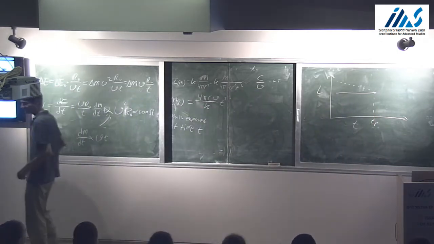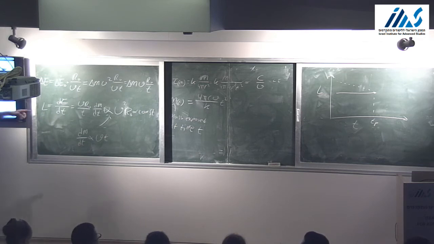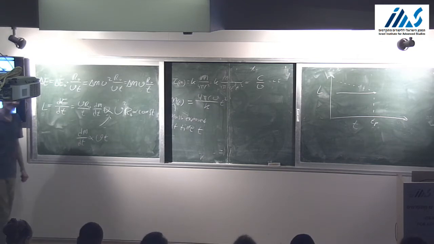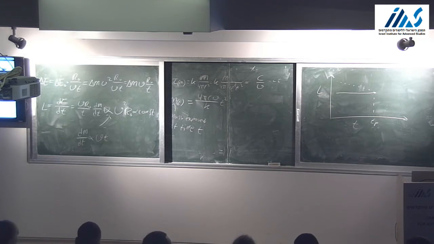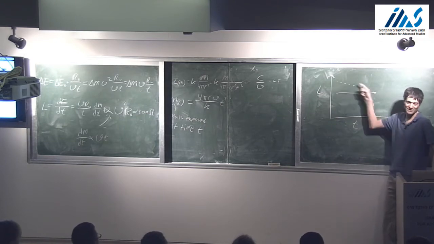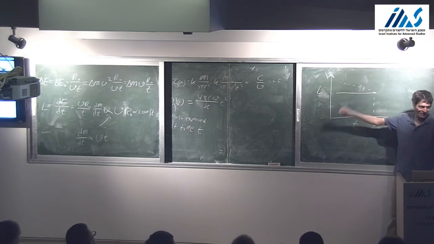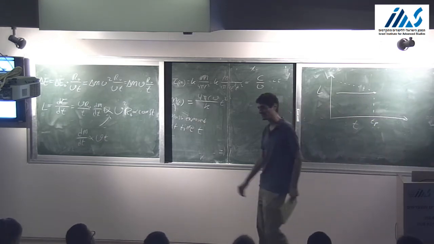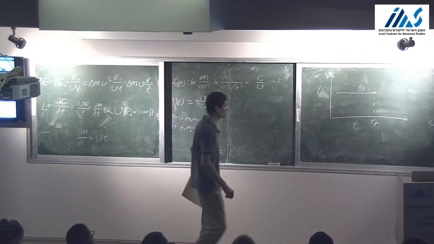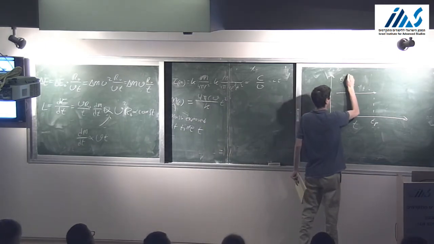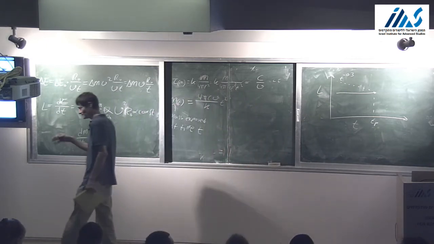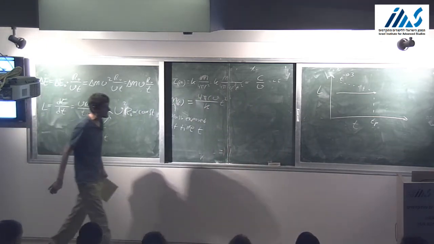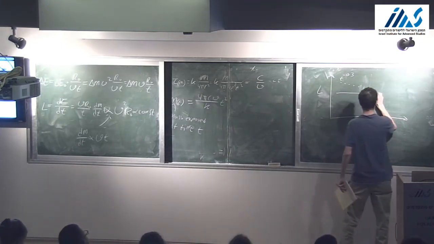How slow? Actually, we already solved for that. So now I'm doing the simple stuff. Last week I did the complicated one. If you go back to the slides that I showed after the shock breakout, this is exactly what we solved after the shock breakout, when it's in a spherical phase. And this depends somewhat on the structure of the envelope, but roughly it will be like t to the minus 0.3, more or less.